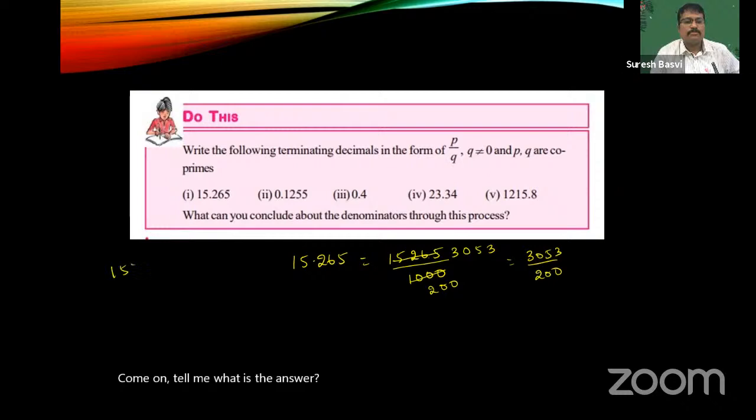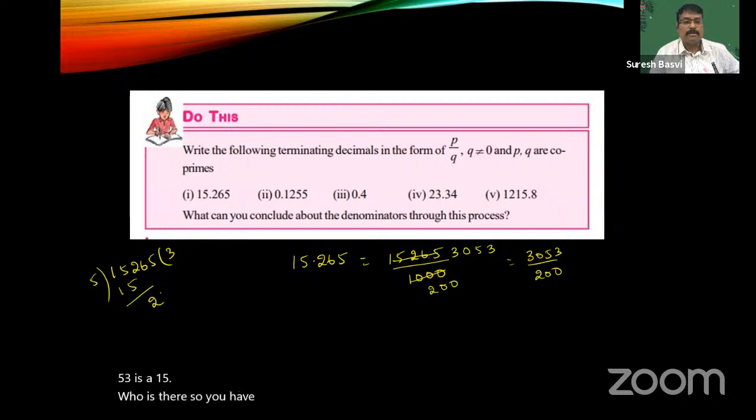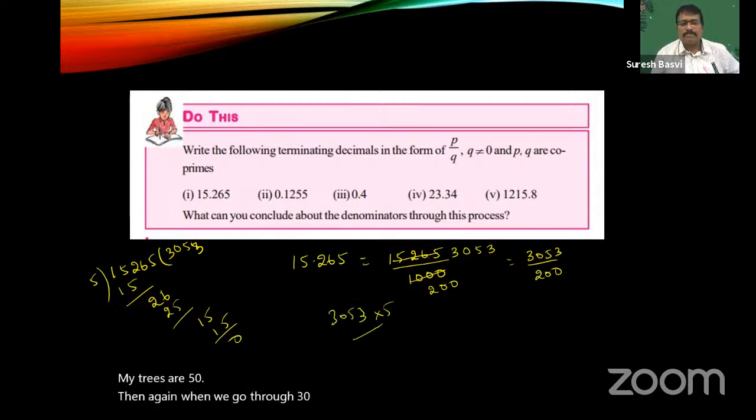So 15,265. 5 3s are 15, 2 is there, so you have to write 0, 26. 5 5s are 25, 1 is there, 5 3s are 15. Then again when we go through 3053 into 5, 5 3s are 15, 5 5s are 25, 26, 5 3s are 15. Am I right?